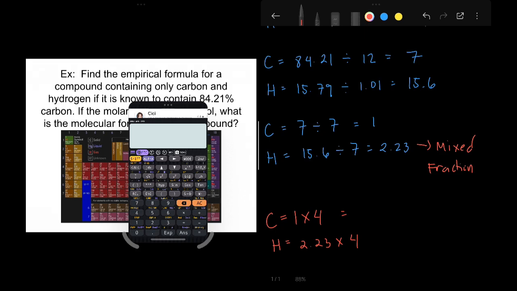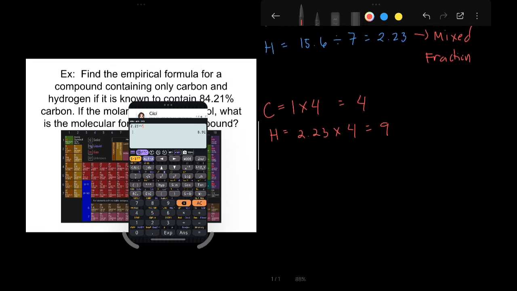So 1 times 4, we got 4, and then 2.23 times 4, we got 8.92 or 9. So we just round it off. So the empirical formula here will be carbon 4 and hydrogen 9. So this will be now our empirical formula.